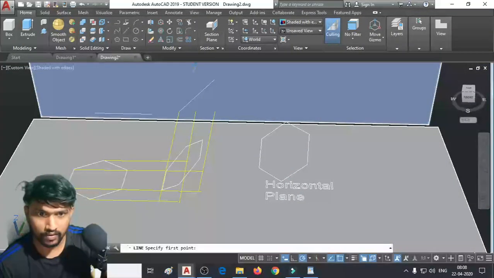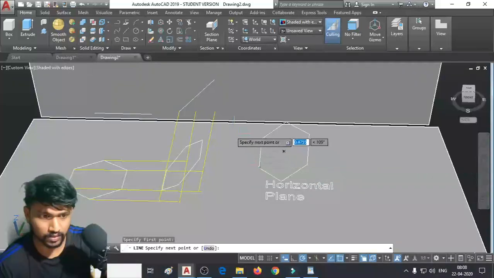See here, we have rotated this edge. I'm going to create an extended line to this one.